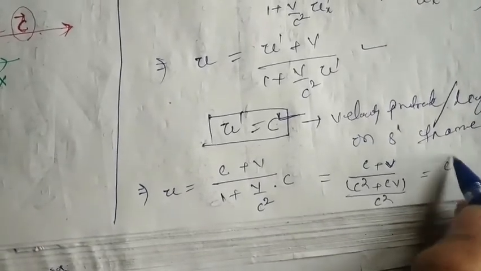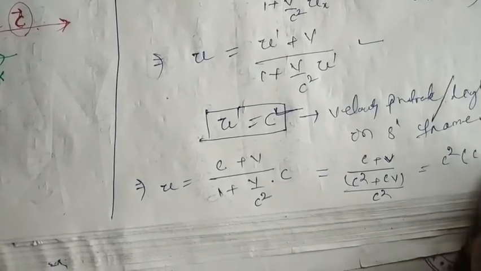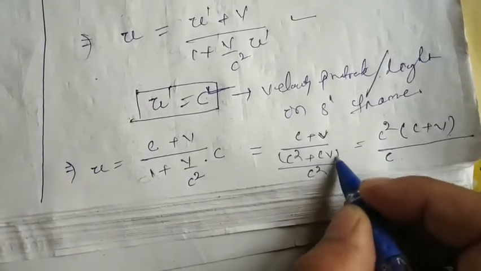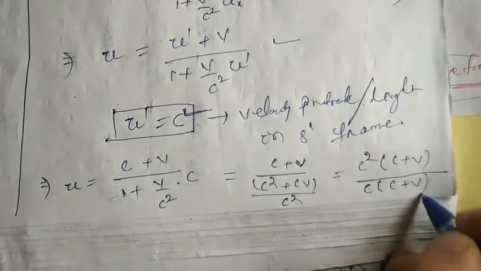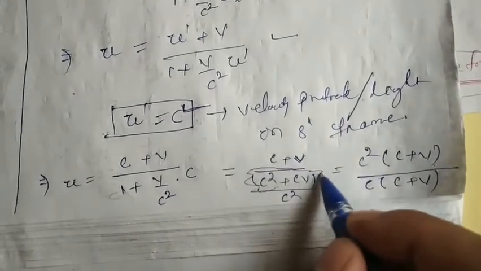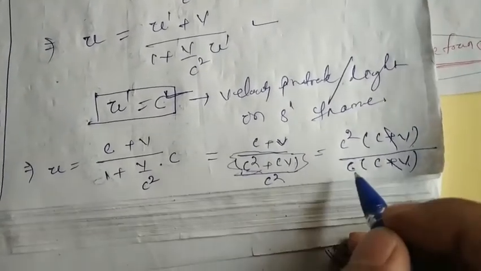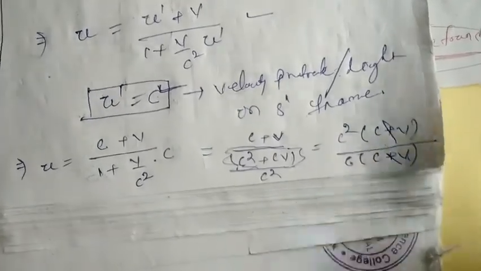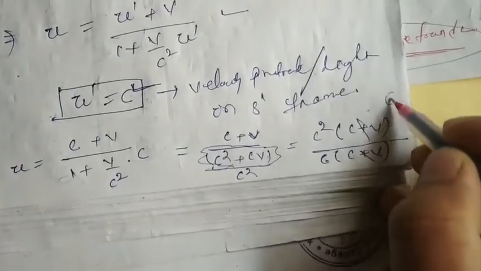The c square goes to the numerator, so c square into c plus v by, and from this I can take c common, and we get c into c plus v. You got my point? From this I can take c common, which gives c plus v. So c plus v gets cancelled, and at last c gets cancelled, and we find that this value is nothing but c.